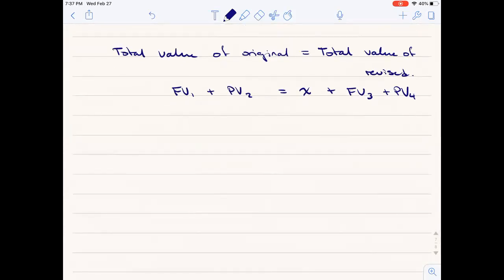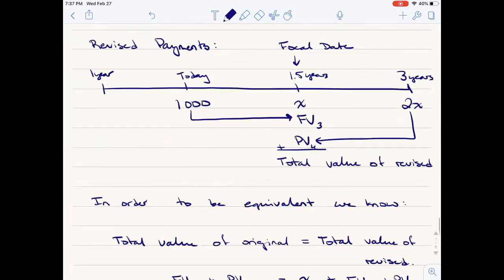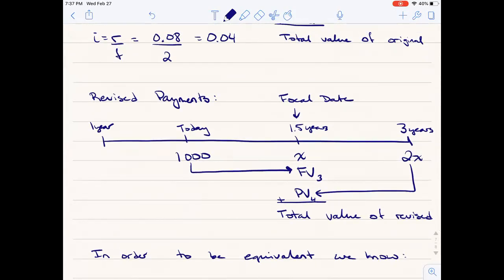So here we go. We have to solve for each of these values. So we'll start with future value 1, which is the present value times 1 plus i to the power of n. Oh, I forgot to put the n's on the arrows.